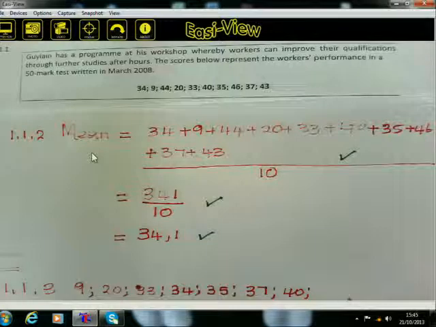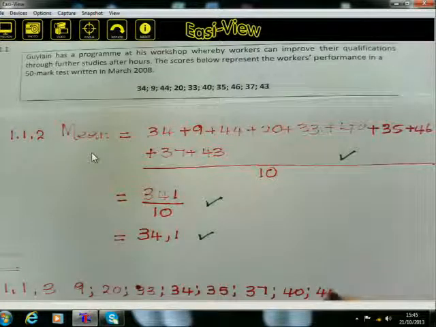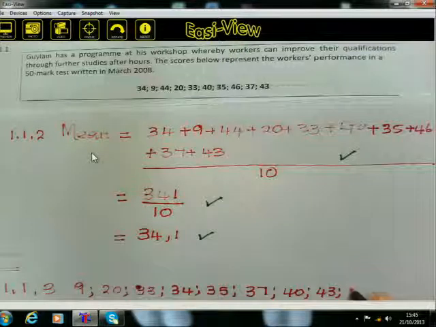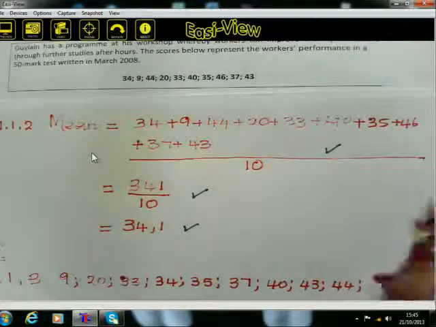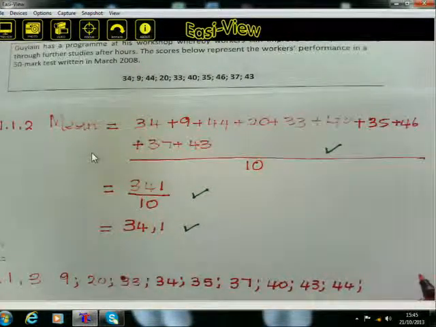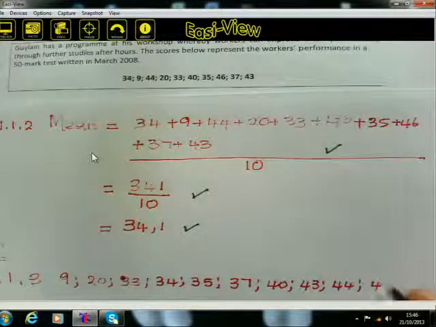It will be 43. After 43, it will be 44. After 44, it will be 45, 6.